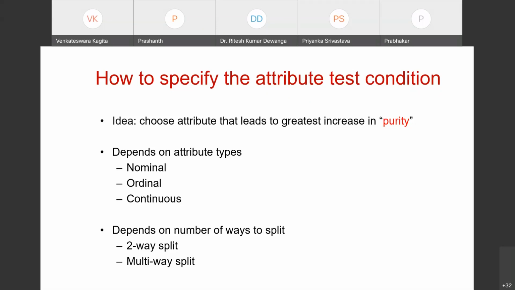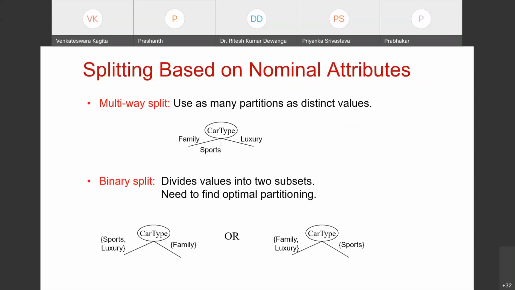It also depends on the number of ways to split, whether you are going for a two-way split or a multi-way split. We'll see what a two-way split and a multi-way split are. Multi-way split means we may use as many partitions as the number of distinct values we have. For example, if you take car type as the attribute, car type may take three different values: family, sports, and luxury.